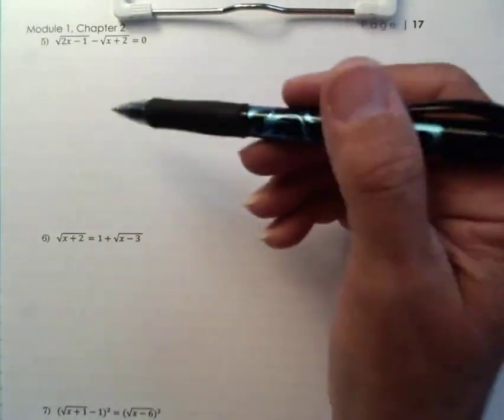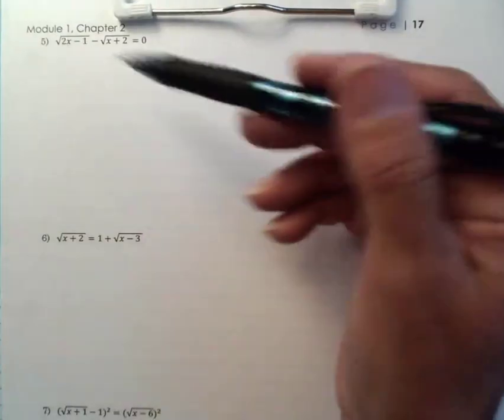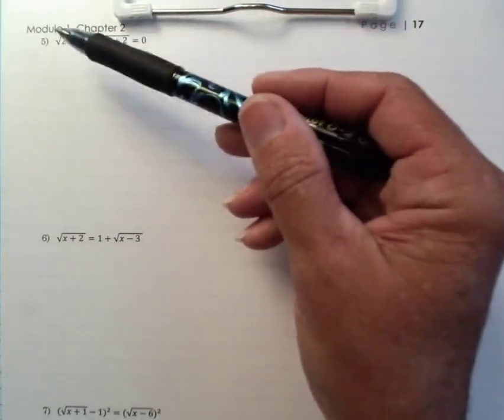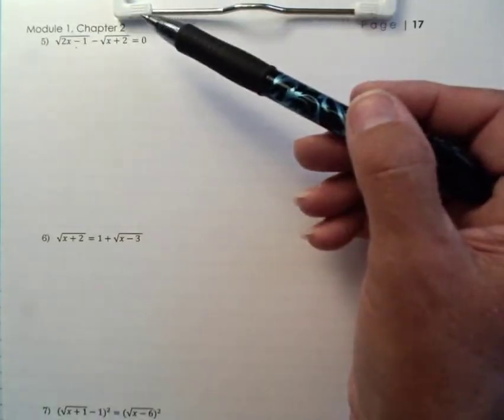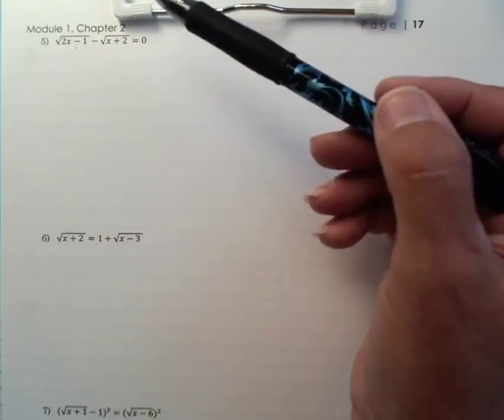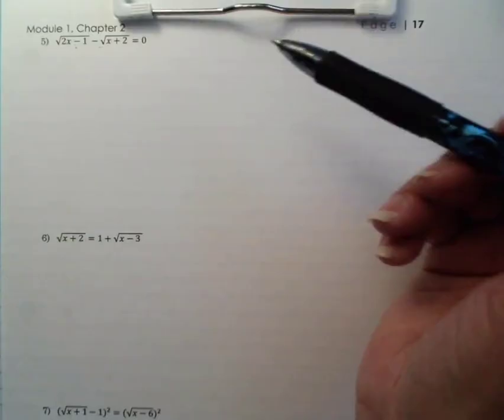We're going to find ourselves sometimes going through the same step over again because it brings us back to another radical. But there's also a strategy where we find a radical on both sides of the equation that has a variable underneath, and all we have to do is square both sides and get rid of our radicals. That's what this number 5 is leading us to.